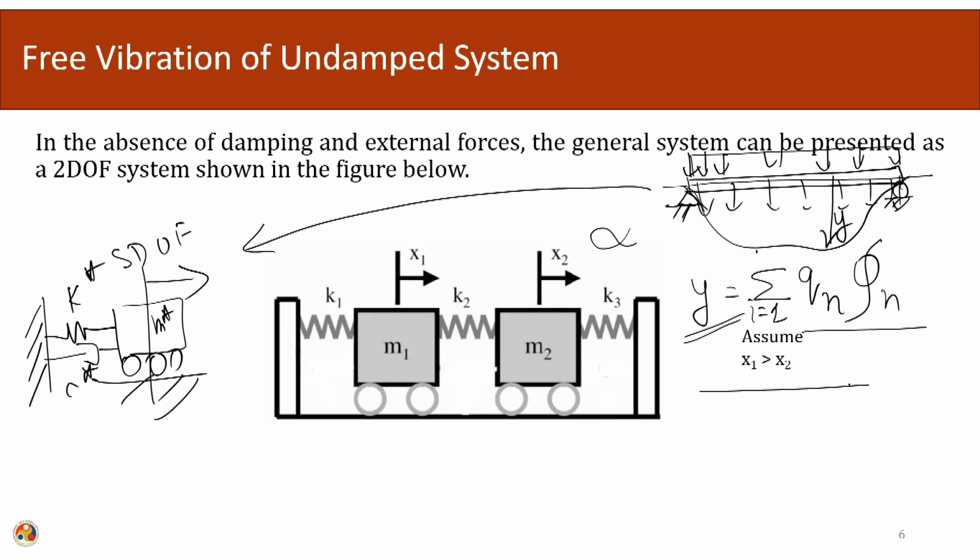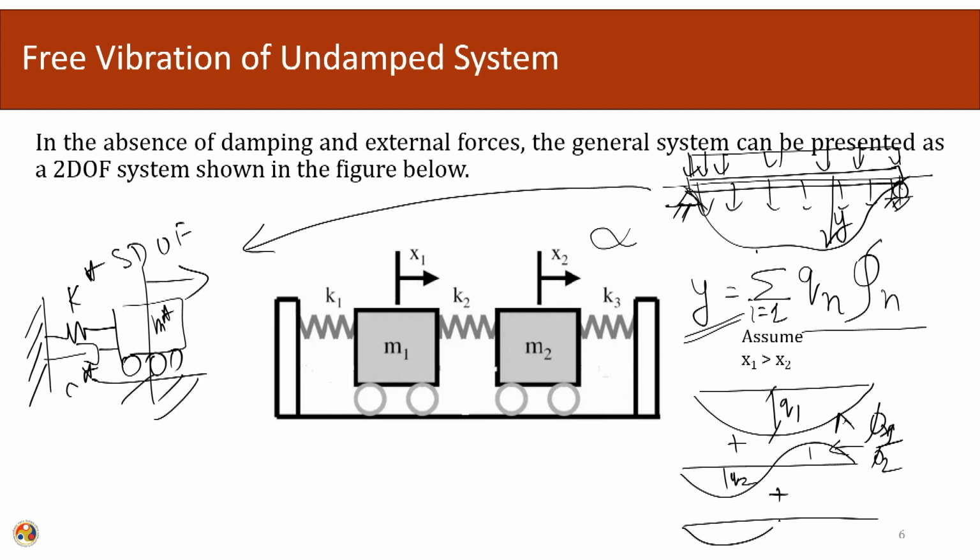There will be some contribution from the first mode, where the shape is phi 1 and the value is q 1, then a contribution from the second mode, q 2 with shape phi 2, and so on, q 3 and phi 3. All the infinite modes contribute to the final shape. This is how we approximate the system.